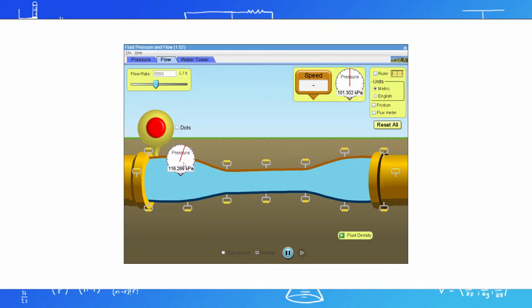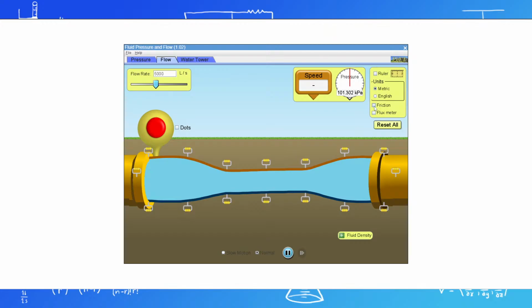And so it stays pretty much 118 until you get to over here, where the pressure drops considerably. And then it goes back up again. So when a fluid is moving faster, its pressure is lower. We will get back to that later.